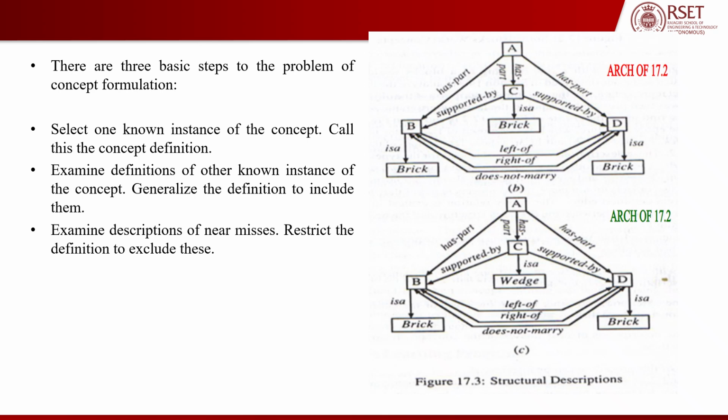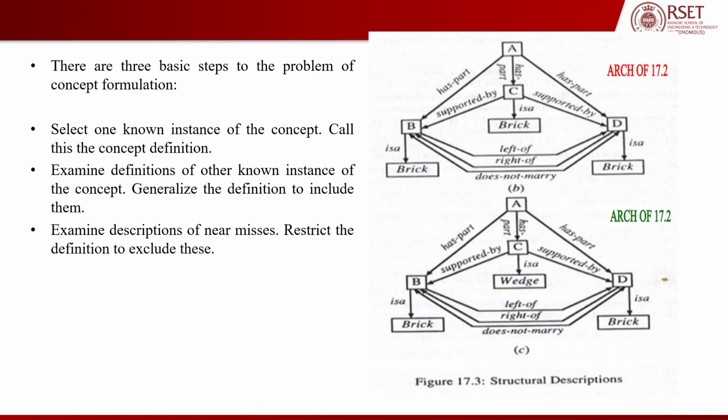So concept formation typically involves three major steps which we said now. First one is to select the known instance of the concept. Okay, this is the concept definition. Next one is to examine the other known instances and to generalize the definition. Third one, we have to examine the near miss examples. Likewise, in this case also, humans follow this process naturally.